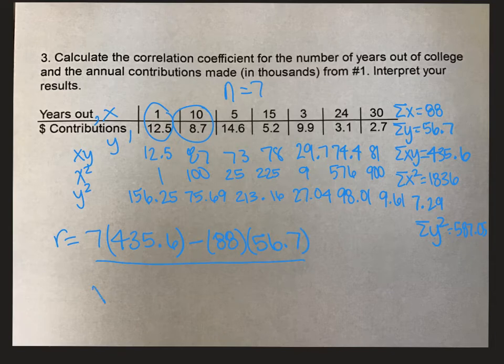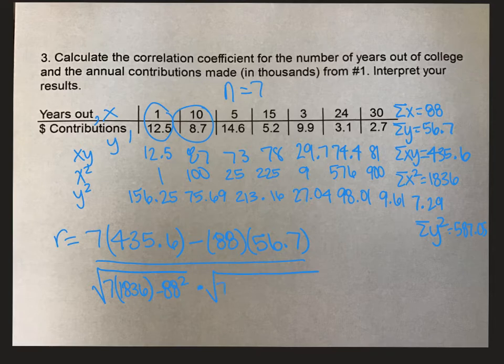all over the square root of n times the sum of my x squared, minus the sum of my x's squared, and then times the same thing just with my y's.